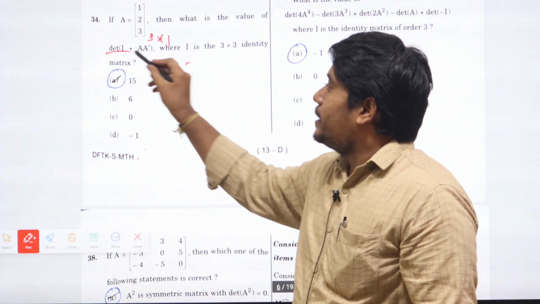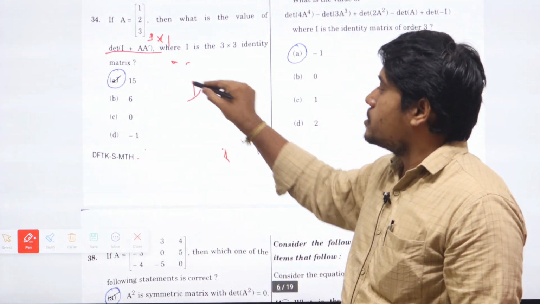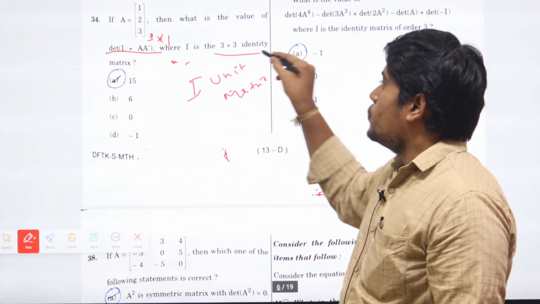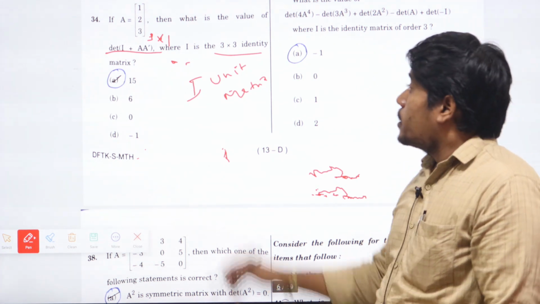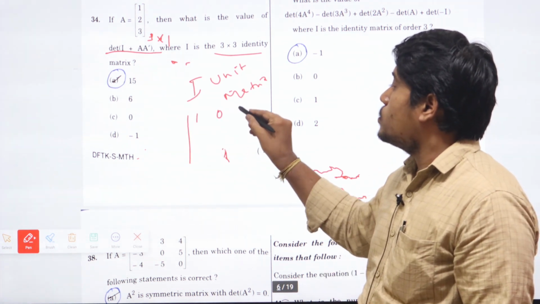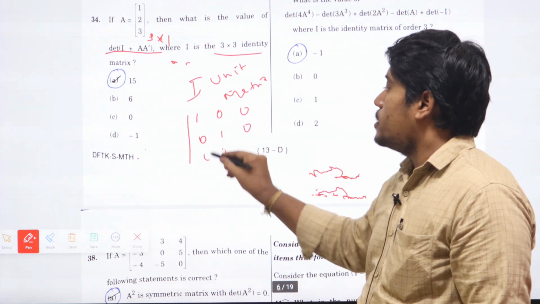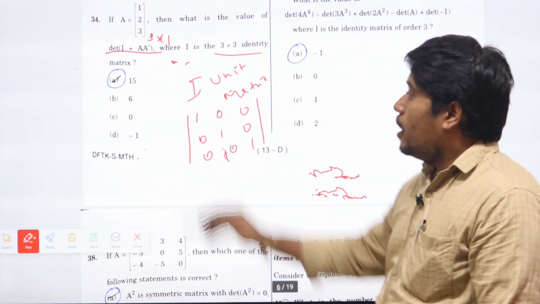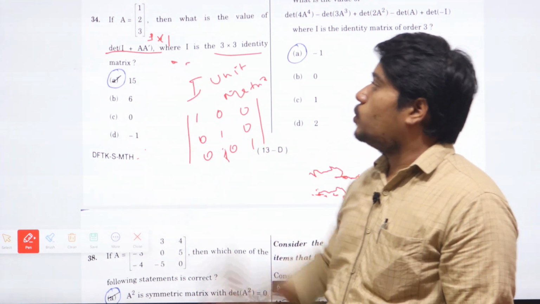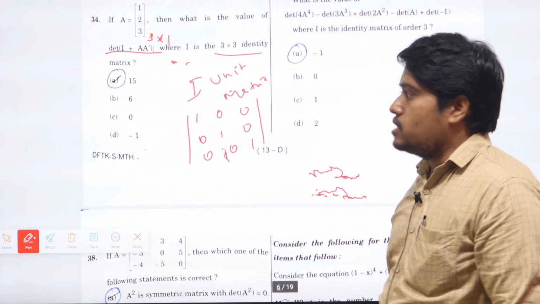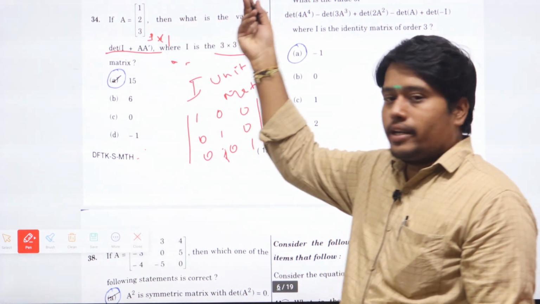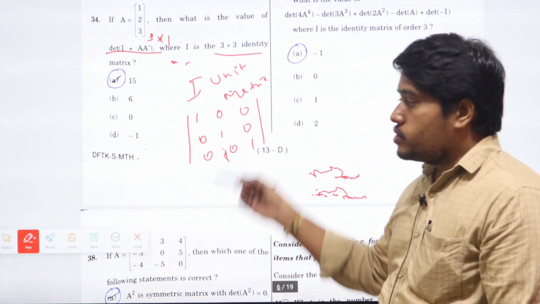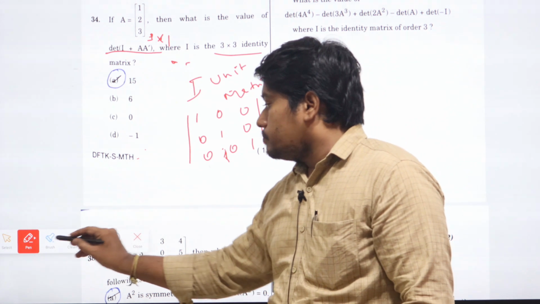We know that I is the unit matrix of order 3 cross 3, so this is 1, 0, 0, 0, 1, 0 and 0, 0, 1. So this is the identity matrix, plus A dash, which means the transpose of the matrix, so the column matrix changes over to a row. So finally we get the value 15. So option A will be the right answer.